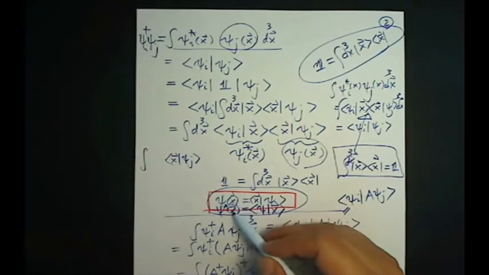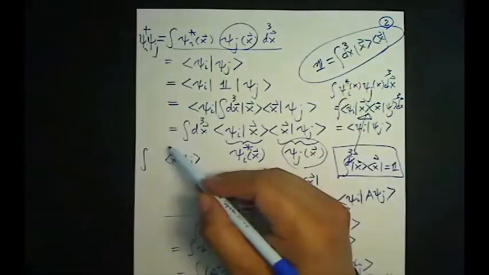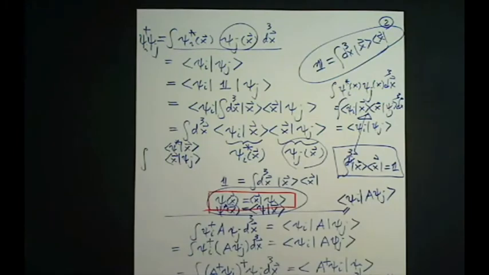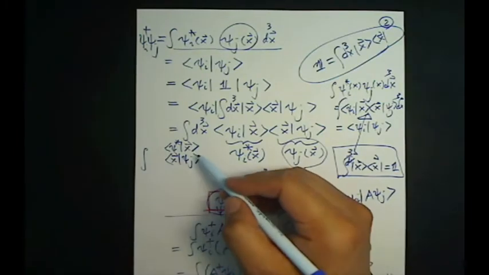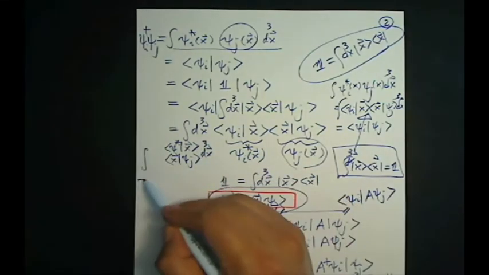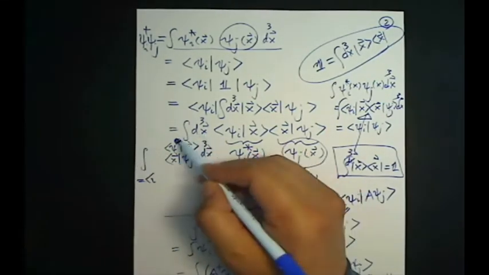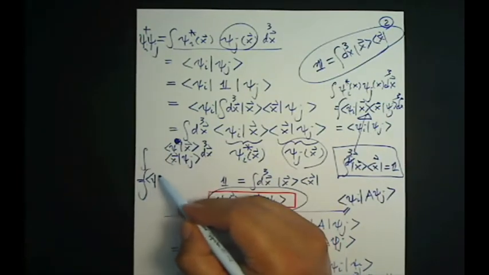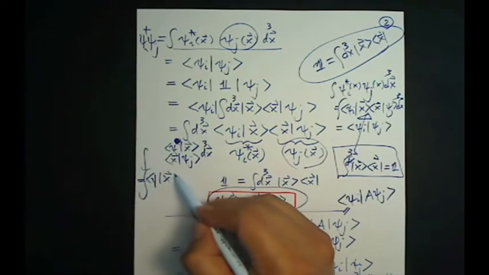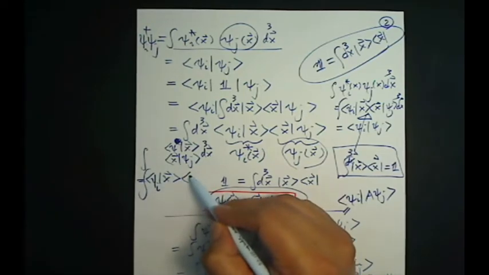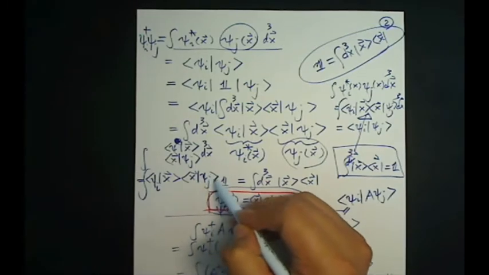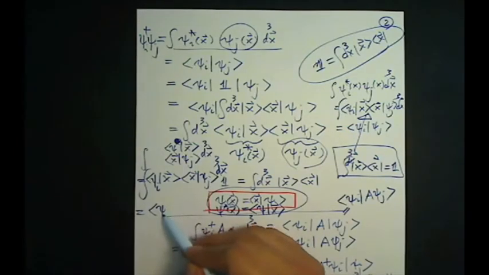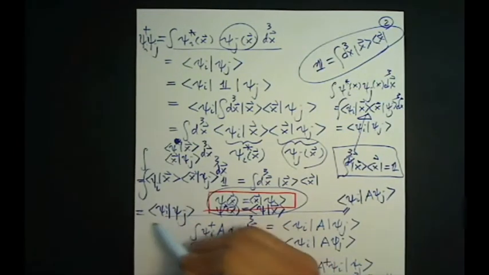So we have this vector that is psi star x, and integrated over x. That means we have psi i integral psi i x, because this is this scalar product.